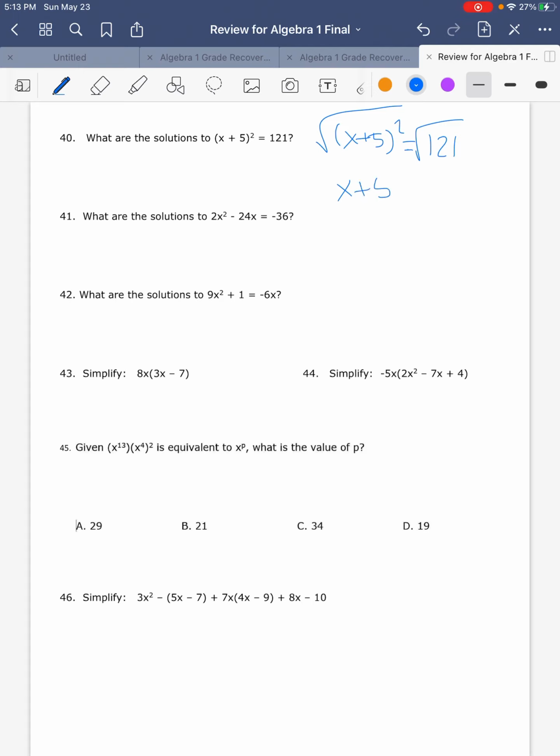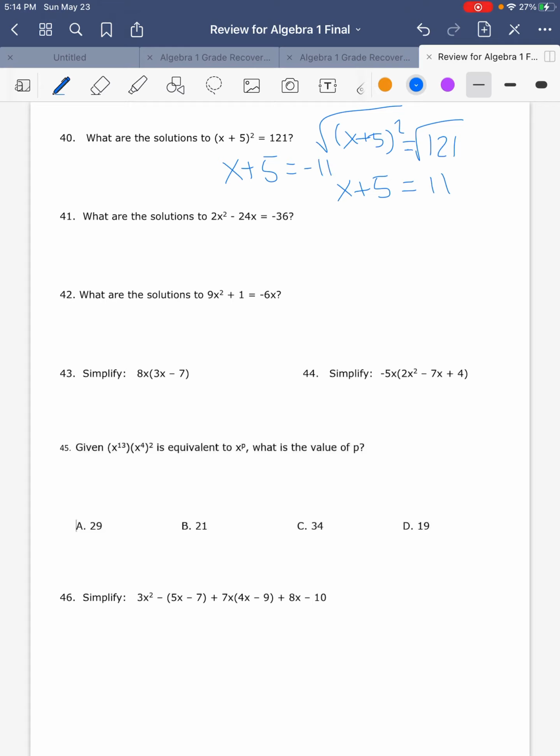So this ends up being x plus 5 equals, square root of 121 is 11. And this could actually either equal positive 11, or it could also equal negative 11. So you'd have 2 solutions.